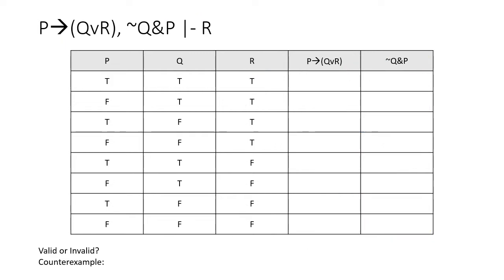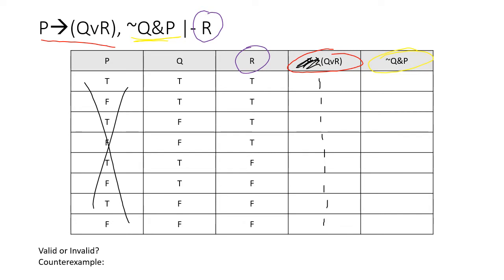Looking at this next one, we've got two premises again, and our conclusion is just a single letter again. Doing this first premise, we've got a wedge as our operator within the parentheses, so we're just going to look at Q and R. Remember that a wedge is true wherever one of the sides is true, and false where they're both false.